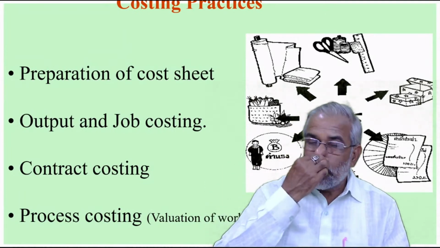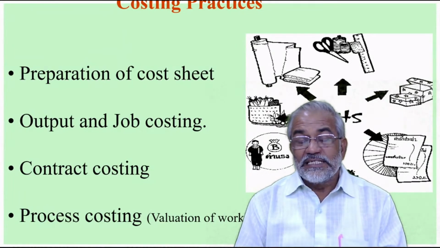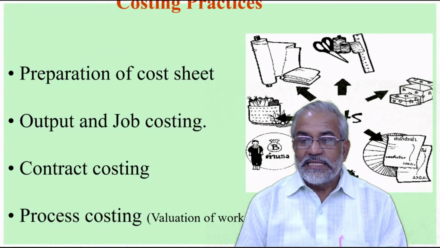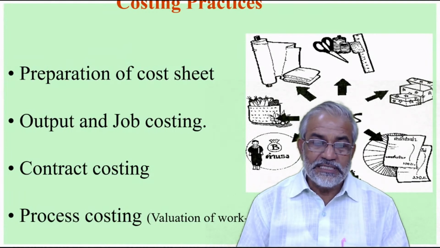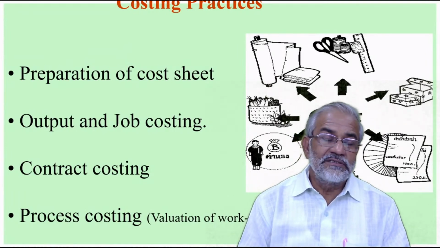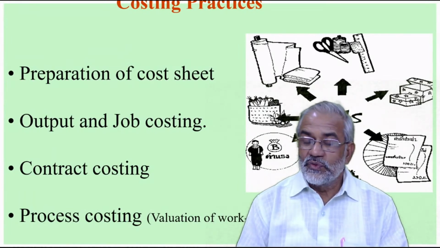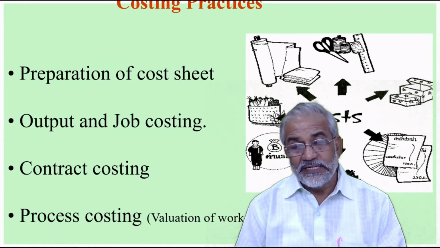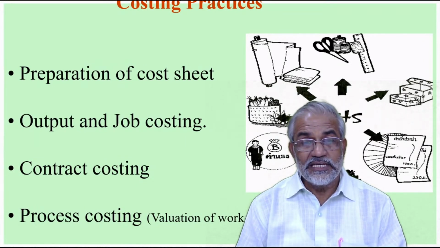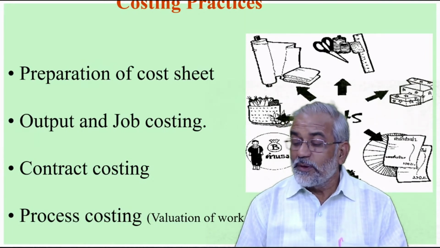And preparation of cost sheet means the different elements of cost are presented in a systematic manner to determine the cost of production, cost of sale, and profit, ultimately by deducting the total cost from the selling price. That would be the preparation of the cost sheet.